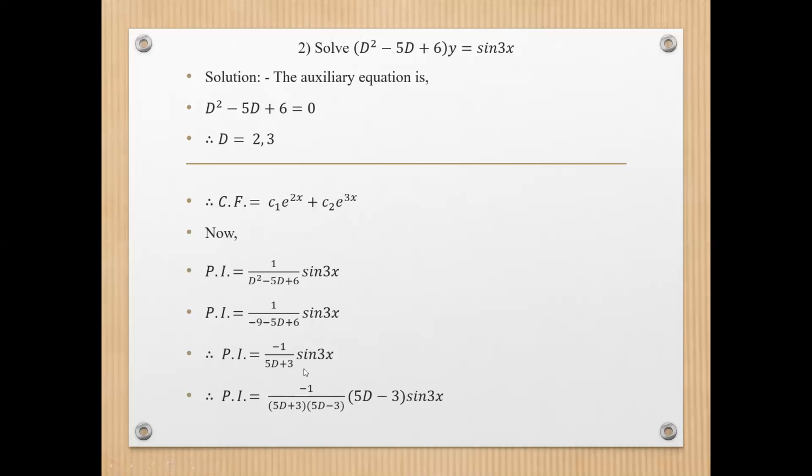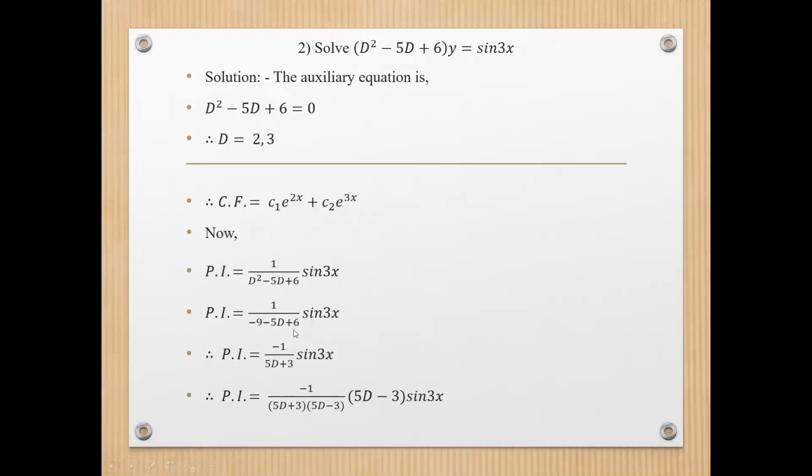Multiply numerator and denominator by, taking the minus sign, 5D minus 3. Why am I multiplying and dividing by 5D minus 3? Because we have to obtain D square in the denominator. Here is 5D plus 3, but we are multiplying and dividing by 5D minus 3.